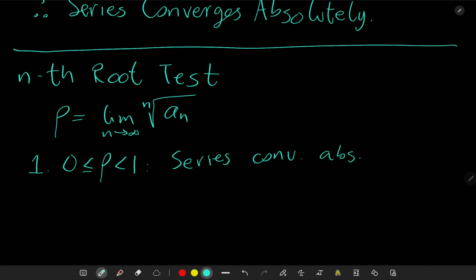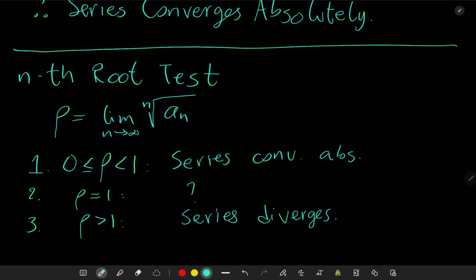I'm not going to write it all. 2, rho equals 1, not conclusive, so let's put a question mark for that. And 3, rho greater than 1. I say one thing and I write a different one. Greater than 1 means that the series diverges. So the same conclusions for the value of rho.